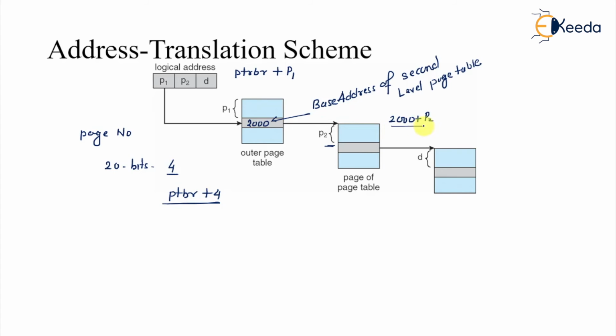I hope it is clear to you. Finally we'll get the frame number, and that will be combined with d, the offset. Combined with d, it will become your final address.